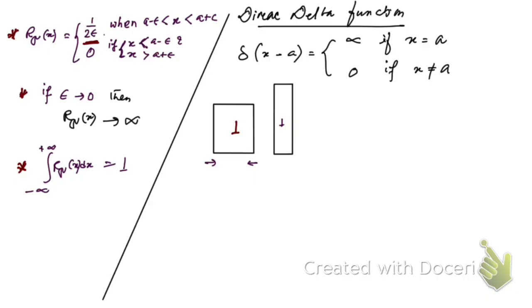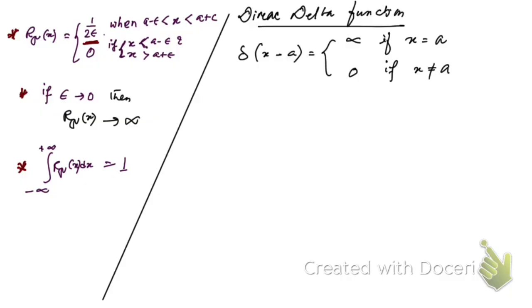Now its area is 1. If you keep reducing this width, the width almost tends to 0. Let me consider the width is 2 epsilon. If epsilon tends to 0, then this must be infinity. Hope you can understand what I am trying to explain.